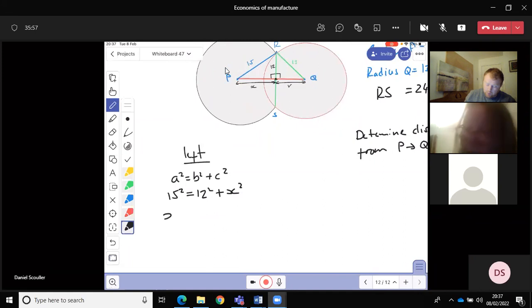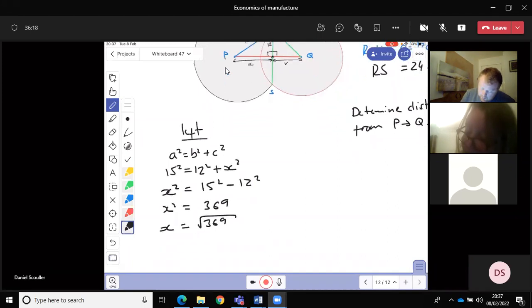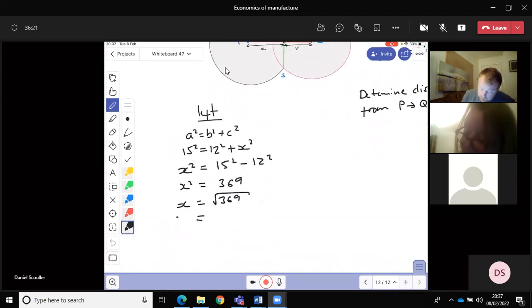We want to find the unknown, so rearrange. 15 squared plus 12 squared, 369.21. Okay, and it's in centimeters. Okay, so that's the left hand side.